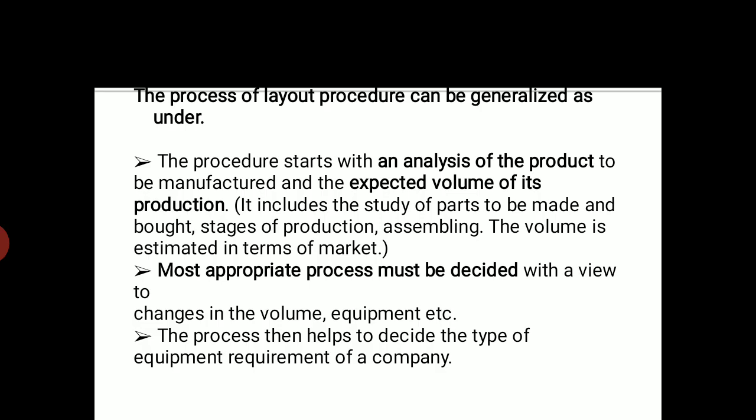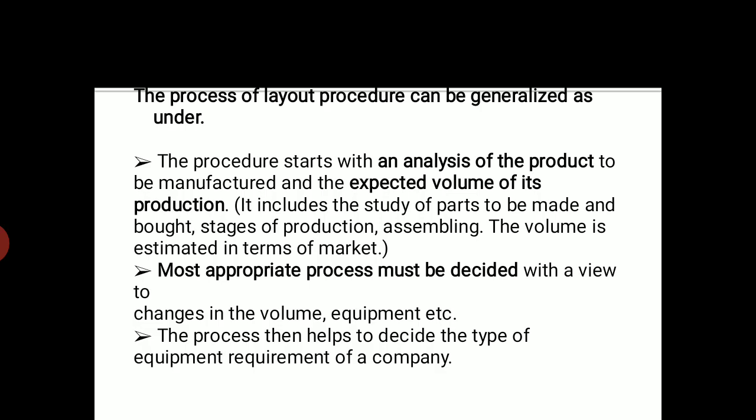Suppose we continue with an example. If I am a manufacturer and I want to produce a product A, to produce this product A I may need many subparts or sub-assemblies, different spare parts.